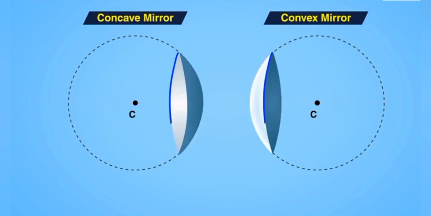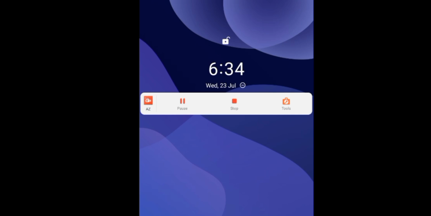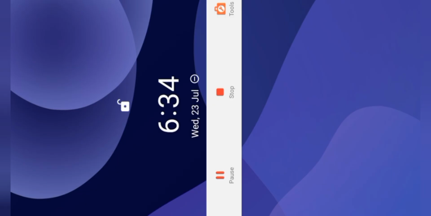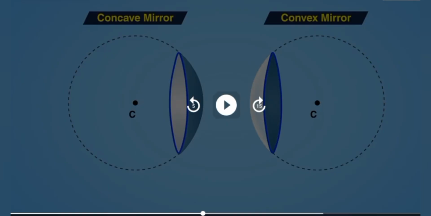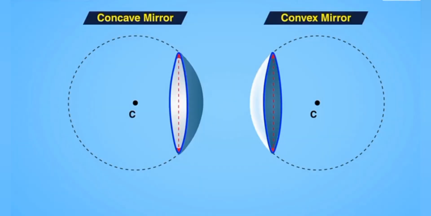Observe that the outline of the reflecting surface of a spherical mirror is circular. The diameter of this circular outline is known as the aperture of the mirror.